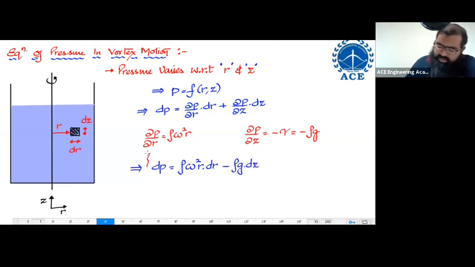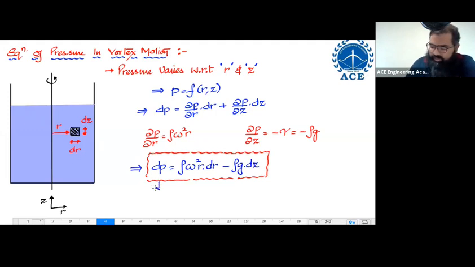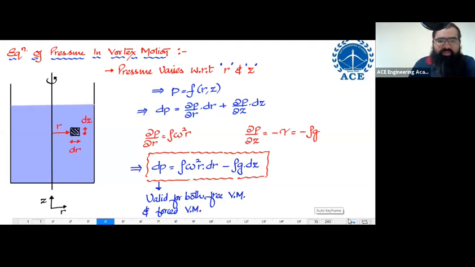This is the equation of variation of pressure in the case of vortex motion, and it is valid for both free vortex motion as well as forced vortex motion.